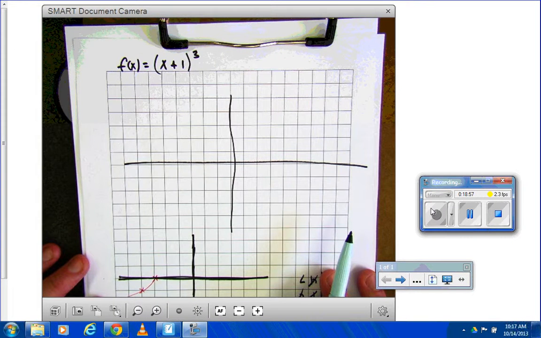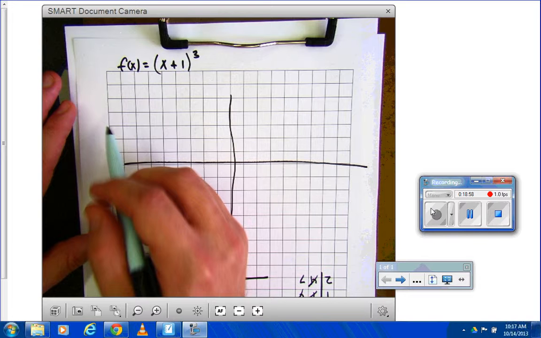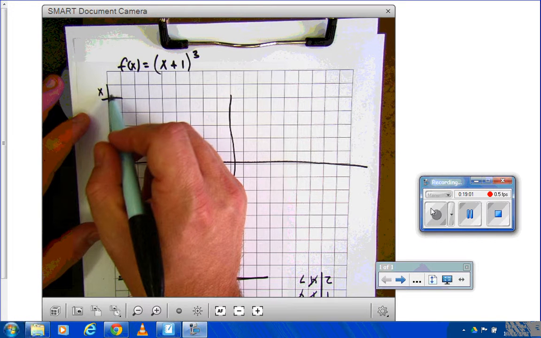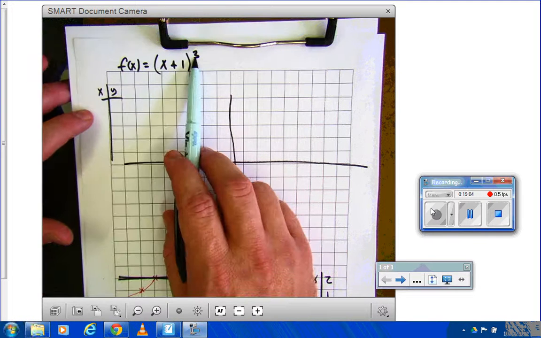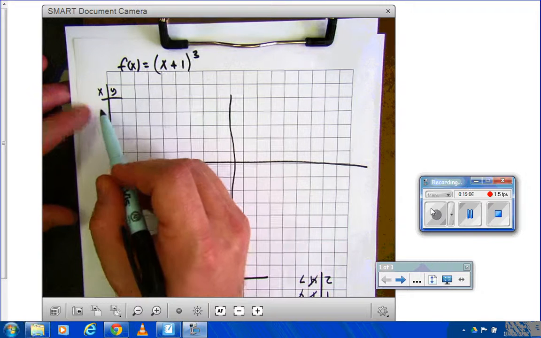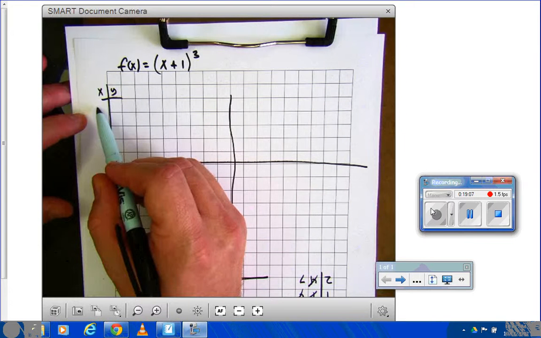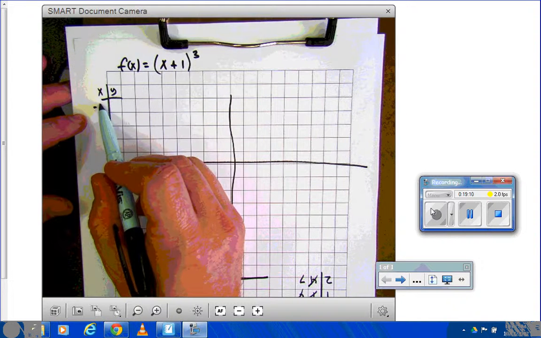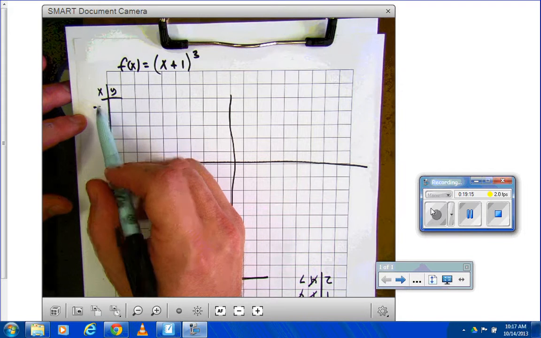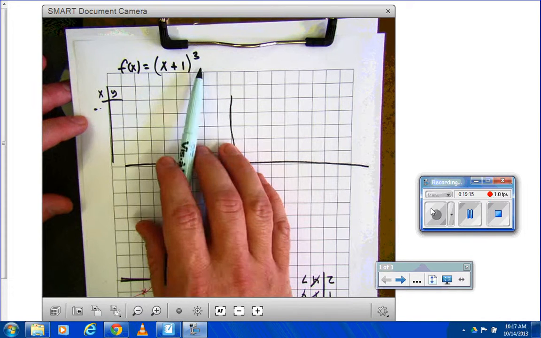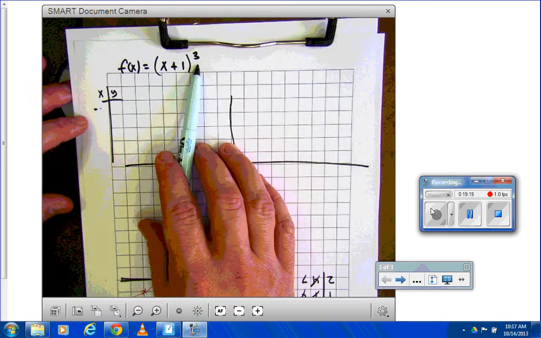Alright, so let's get us a t-table going. Notice this one doesn't have any restrictions on it. Now, our parent graph would be x cubed, so give me some values for x I can pick. Negative 8? I can see where you're going there because you're thinking negative 8 is a perfect cube.